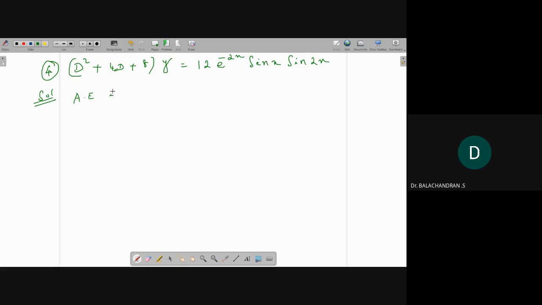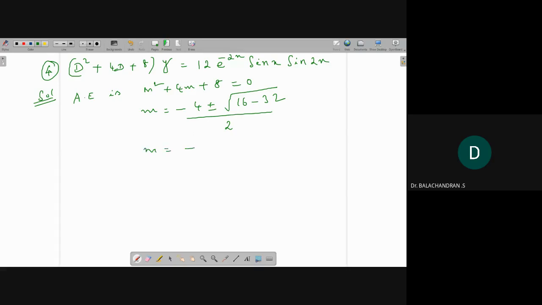Auxiliary equation is m square plus 4m plus 8 equal to 0. So please find out the roots and then tell. M equal to minus b plus or minus root of b square minus 4ac divided by 2a.